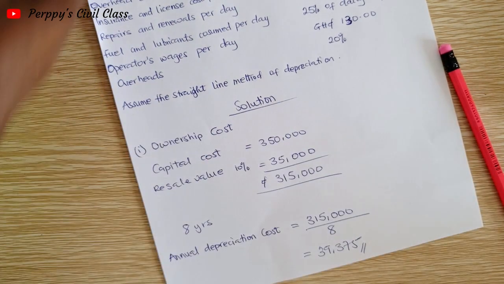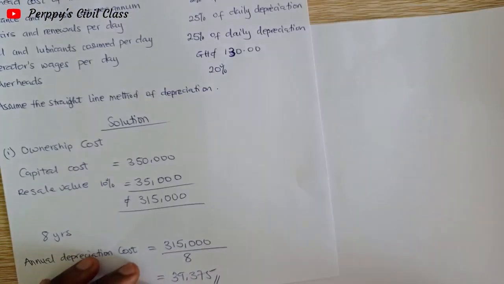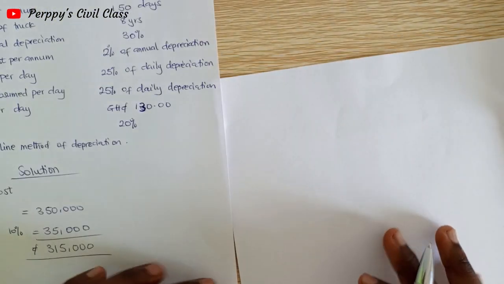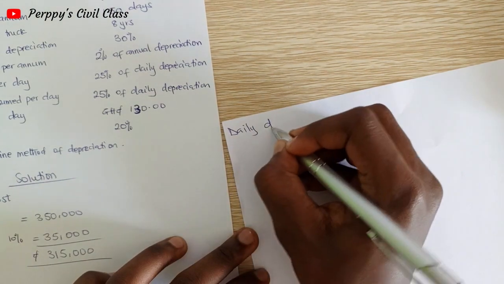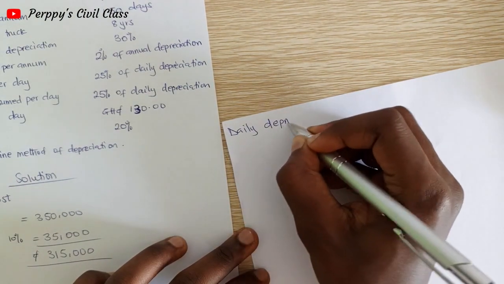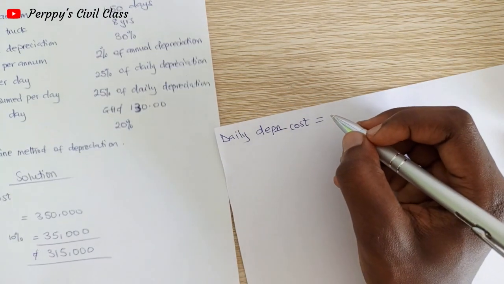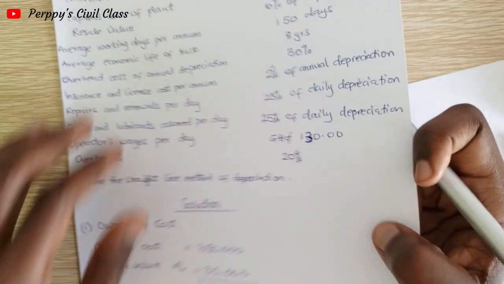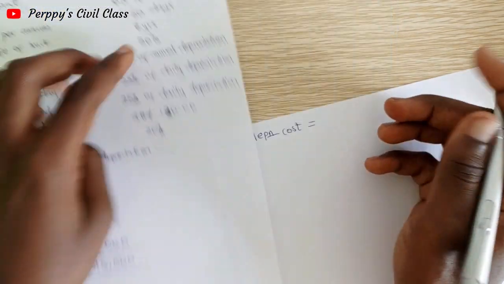Now let's calculate the daily depreciation cost. That is the annual depreciation divided by the average working days per annum, 150 days.